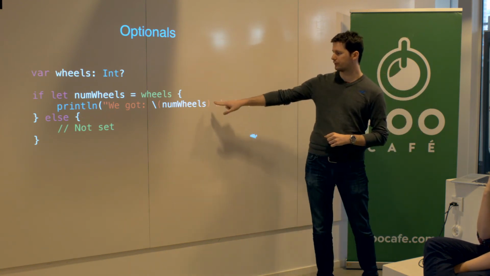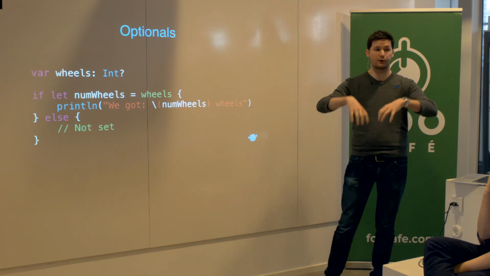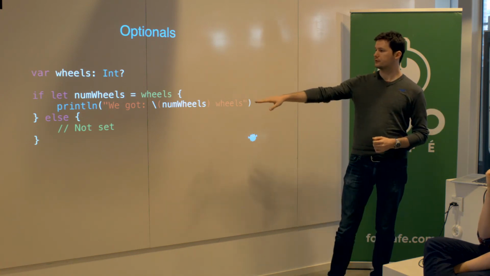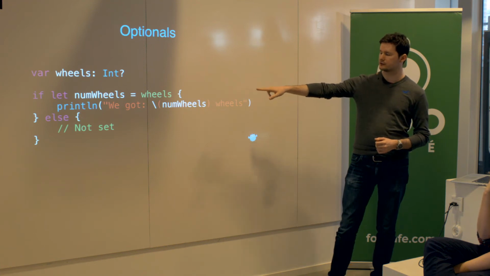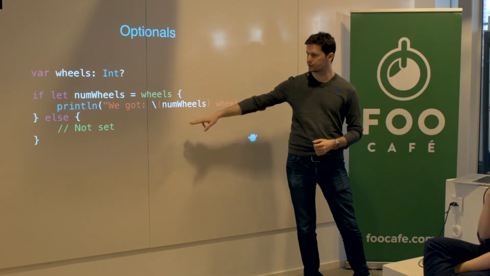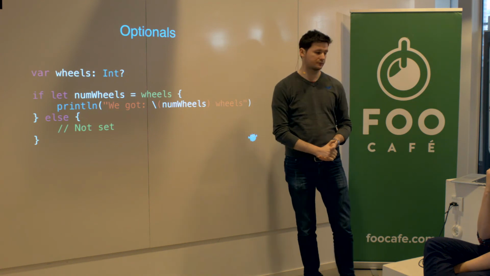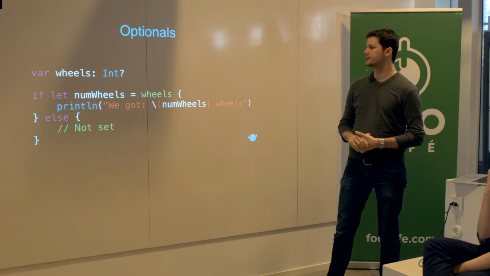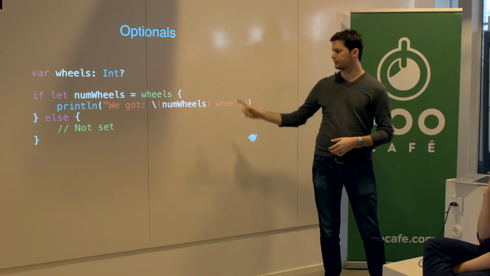In that case, we don't have to use this little exclamation mark that unwraps the whole optional. And if it's nil, it will just go down to the else statement. It becomes much cleaner than the other case, especially since you don't have to use the exclamation mark.